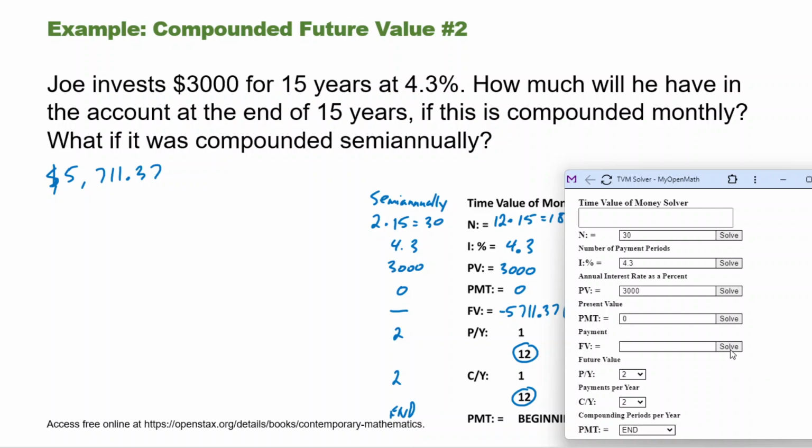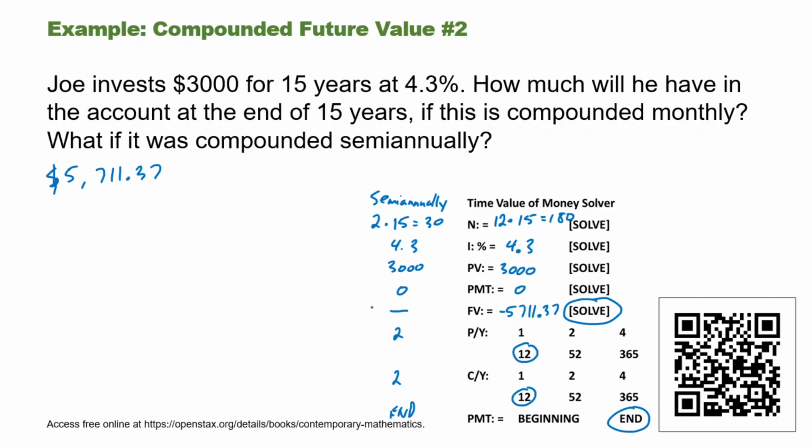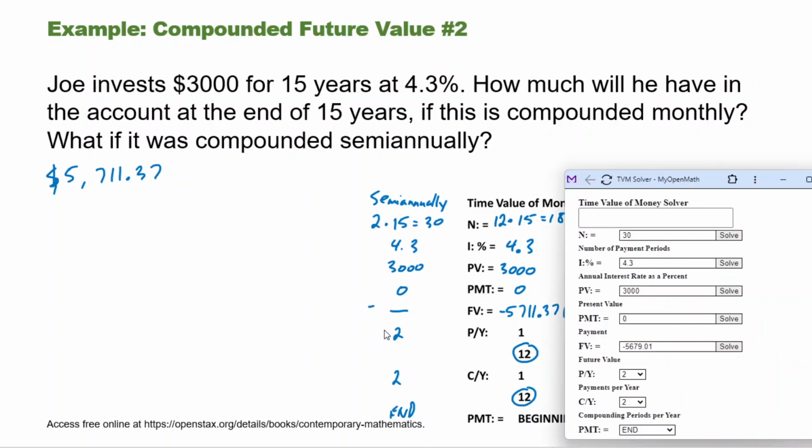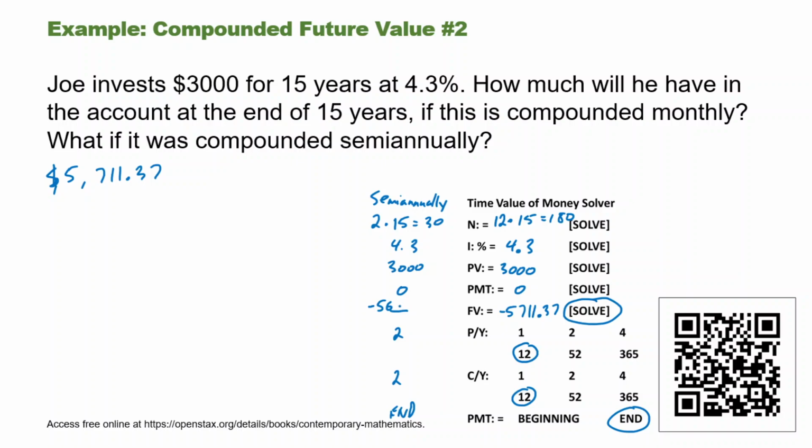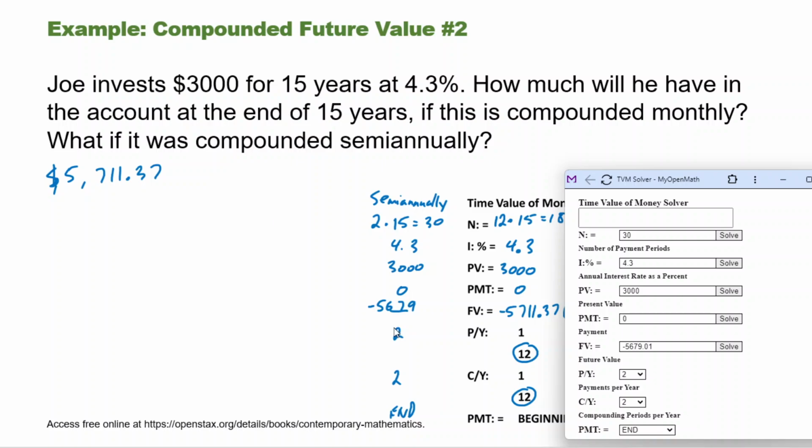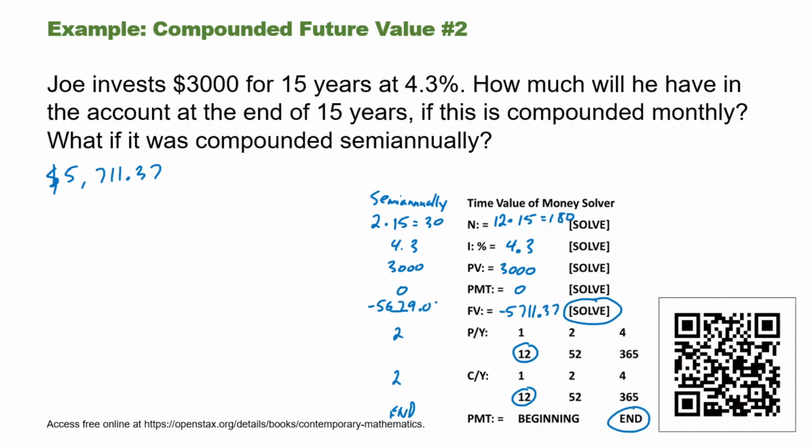I'll click solve on future value and find that I have the value negative $5,679.01. So that we have a positive $5,679.01 if we are compounding semi-annually as opposed to monthly.